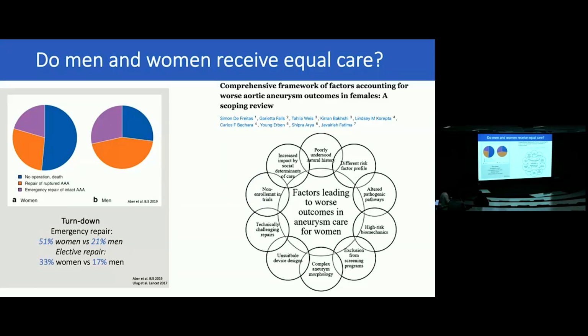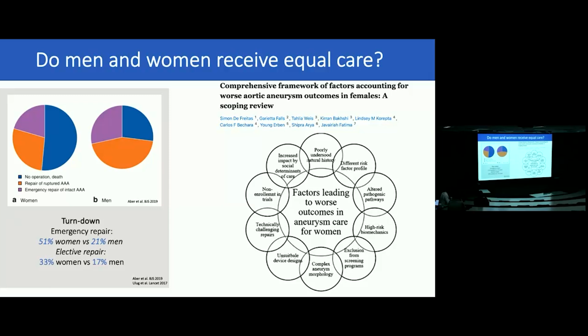There are anatomical differences. Women's aneurysms at the same size tend to be more tortuous and lose what's called EVAR eligibility because their proximal neck degenerates faster than men's. And there's also data that in an emergency, women are less likely to undergo repair.